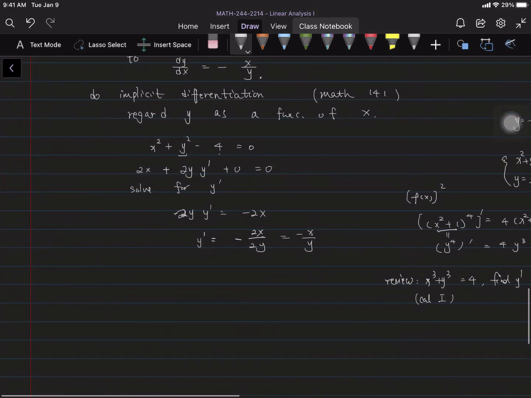Now let's take a look at the exercise. When we do implicit differentiation, just keep in mind we always look at y as a function of x. So when we need to use the chain rule, just be careful.